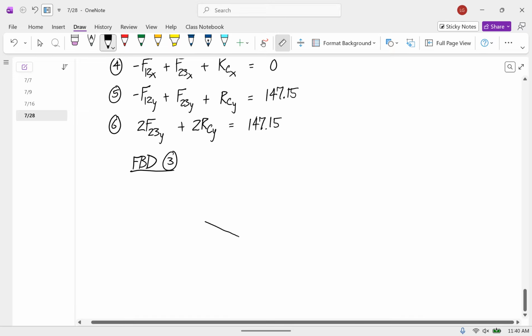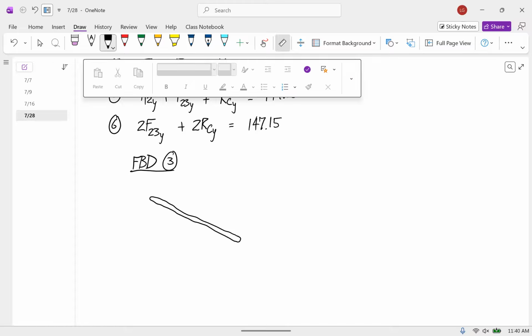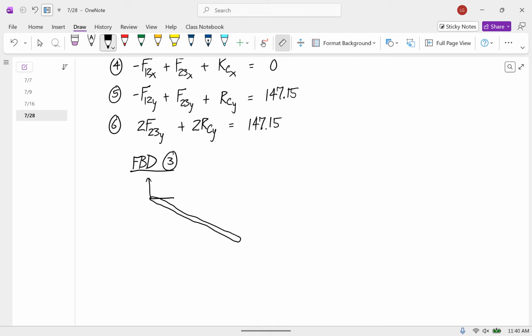Okay, so this is this body. At the upper left, remember that 1,000 Newton force acted on the lowest numbered member. It acted on member 1, so we don't want to include that here. So the only other force acting here is the force vector on 3 by 1, or negative F1,3. Then we have the weight force at the middle, 98.1.